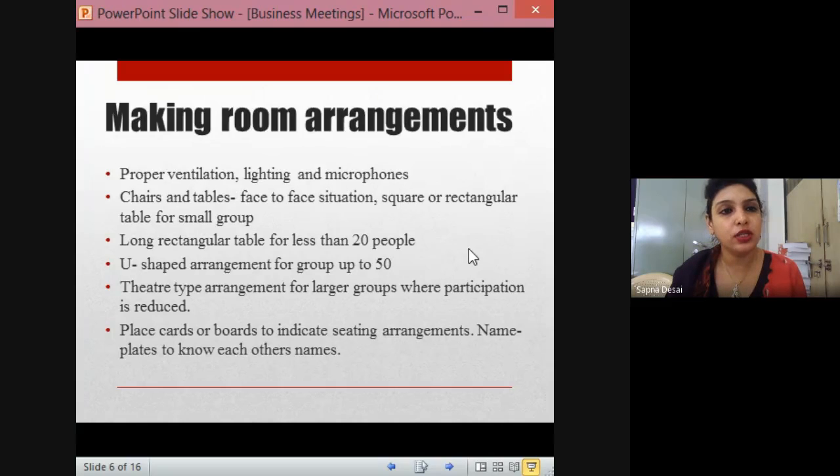First thing is proper ventilation should be there, lighting and the microphone should be there. You must have seen business meetings or administrative meetings. They have a big room, kind of a round table, where all these arrangements are there.